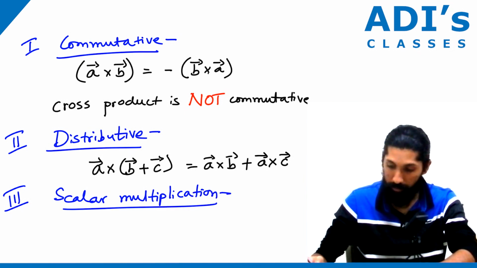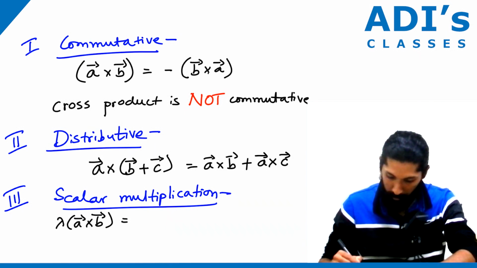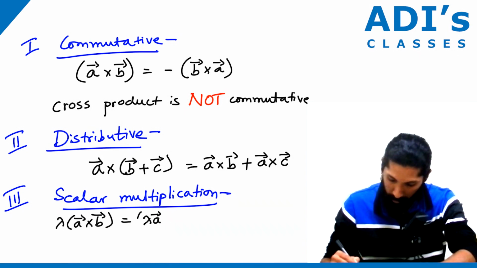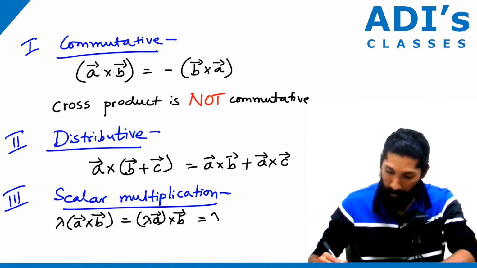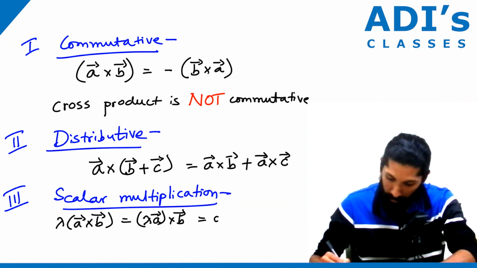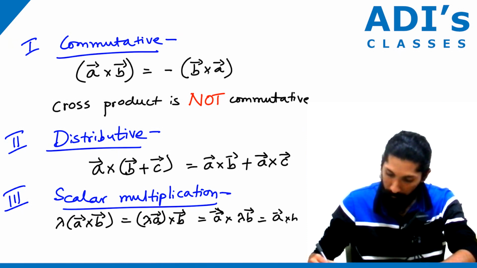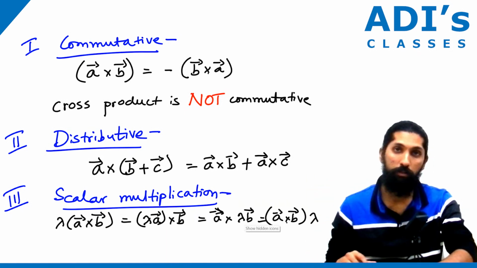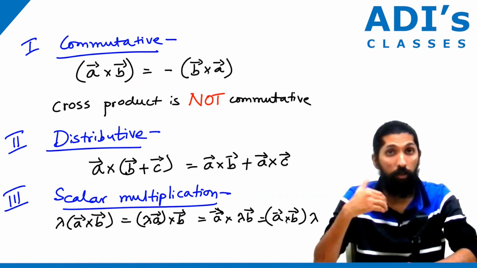Suppose you have lambda into A cross B, this is equal to A cross lambda into B, or A cross B whole thing into lambda. All these are true.